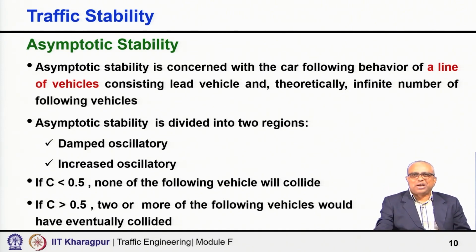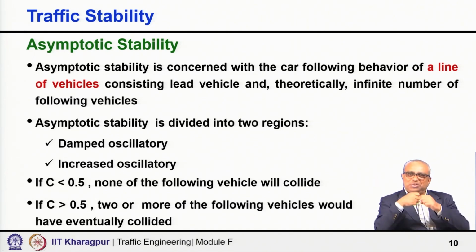Nothing bad is likely to happen. And when C is greater than 5, two or more of the following vehicles would eventually collide. Down the line, two vehicles may collide because of this impact.